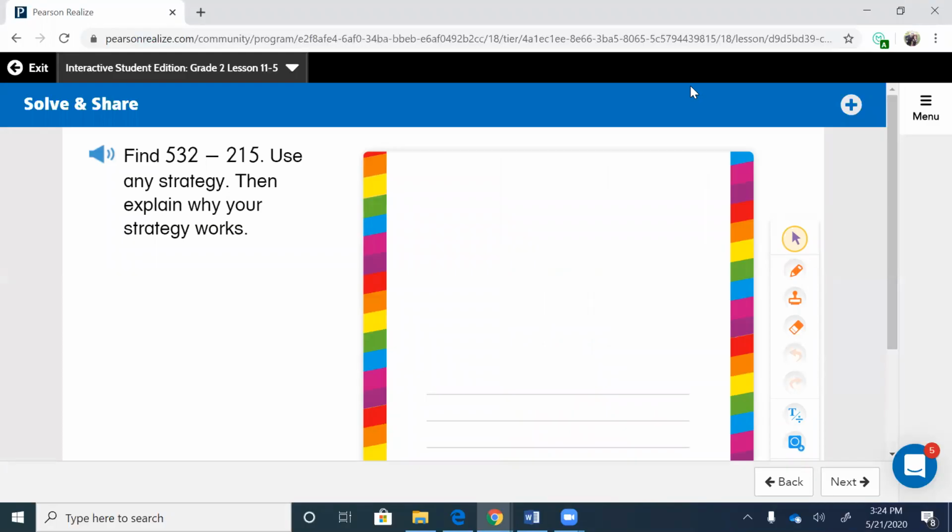Find 532 minus 215. Use any strategy, then explain why your strategy works. I'm going to go ahead and use this strategy. 532 minus 215.